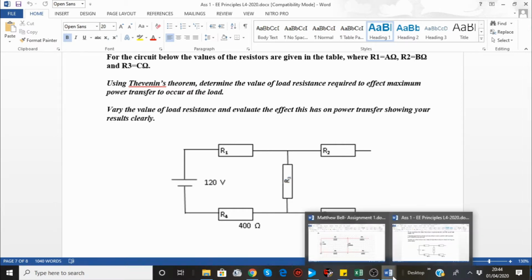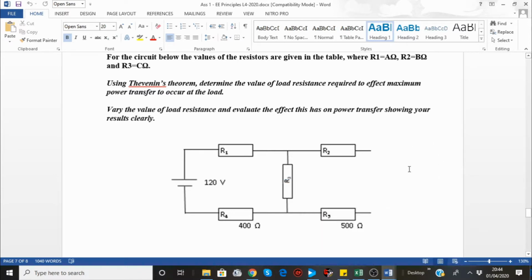The Thevenin theorem basically says any network like this can be equal to a circuit that has an open circuit voltage, which we call VOC, and an internal resistance RI in series.